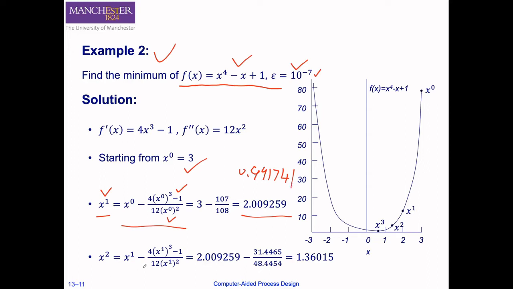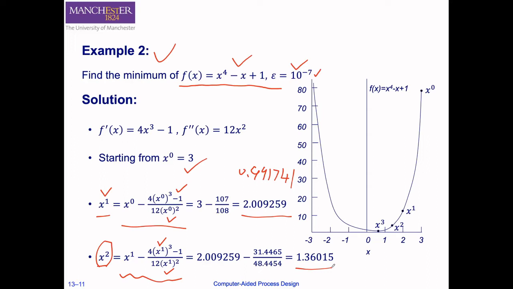We continue to evaluate the first derivative at x1 and also the second derivative at x1 and use the formula to calculate the point for the next iteration. We get x2. x2 is equal to 1.36015, this number.